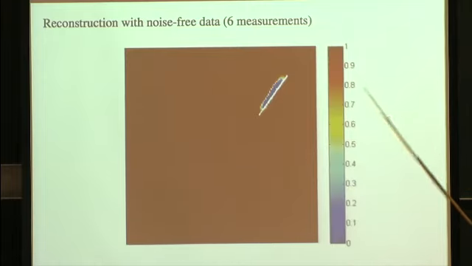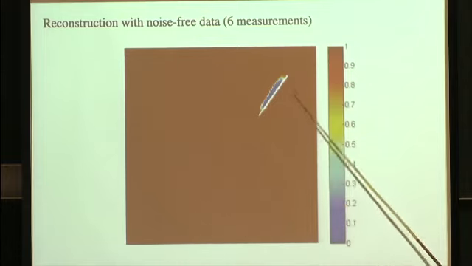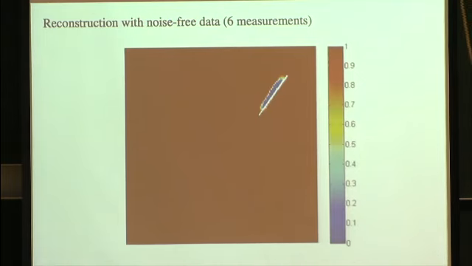with 6 measurements. What do I mean by these measurements? The idea is the following. I have 4 electrodes, one on each side, and for my measurement I take the current density to be the following: I take two of these, one positive and the other negative. Then I inject this current and measure the Dirichlet datum, the voltage, all around.